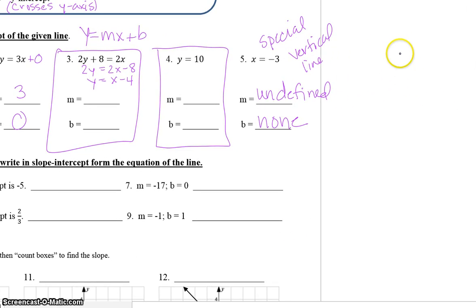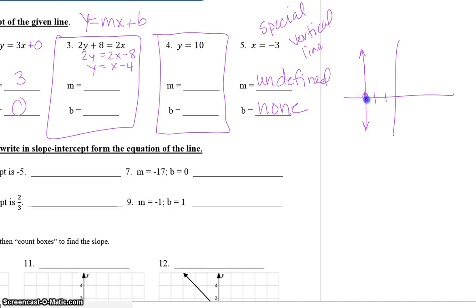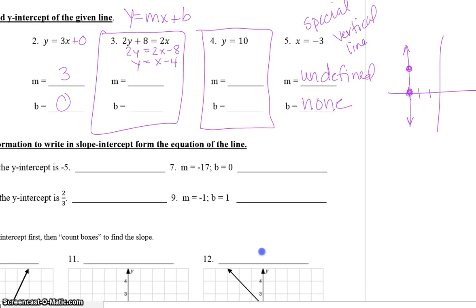And if we just sketched a little graph of this, x equals negative 3, 1, 2, 3, you could see that it does not cross the y-axis. And if you did rise over run, from one point to the next, you could rise any amount you want and run 0, and anything over 0 is undefined. You cannot divide by 0, so that's why your slope is undefined there.